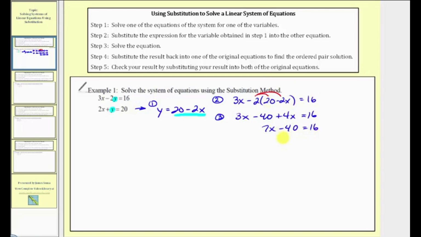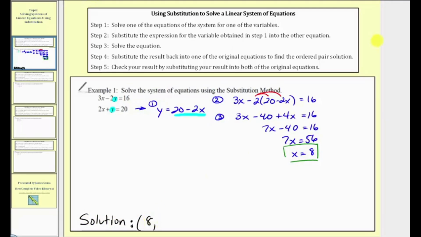Adding 40 to both sides, we'd have 7x equals 56. Dividing both sides by 7, we have x equals 8, since 56 divided by 7 equals 8. So now we've made some good progress. We know that the x value must be 8, but remember the solution is an ordered pair. So for the ordered pair, the first value is going to be 8.